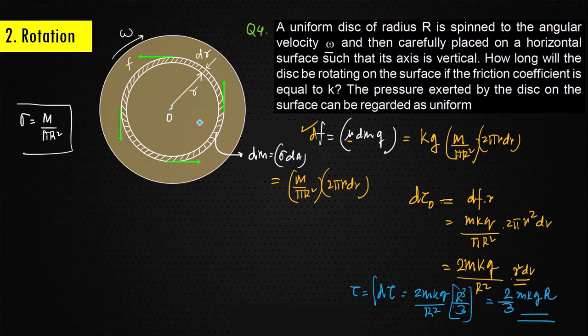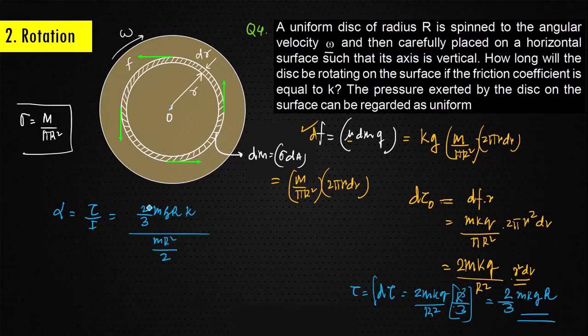Now because of this torque, what is happening? The angular retardation takes place. What is the retardation? So alpha can be written as tau divided by I. I is the moment of inertia of the disk, which is equal to mR square by 2. So tau is equal to 2 by 3 mgR into k, the torque, divided by the disk's mR square by 2.